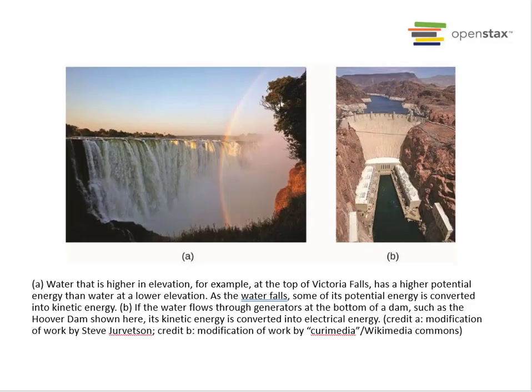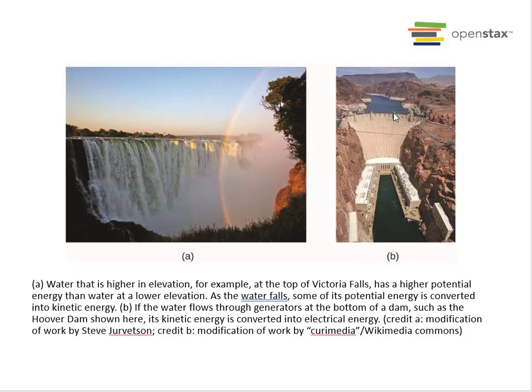Some other examples of energy conversions in the real world: water at a higher elevation, like in this waterfall at Victoria Falls, has higher potential energy than water at a lower elevation. As that water falls, some of the potential energy is converted into kinetic energy, that moving energy. We can see that the water is moving faster down here than it is up here because that potential energy is converting.